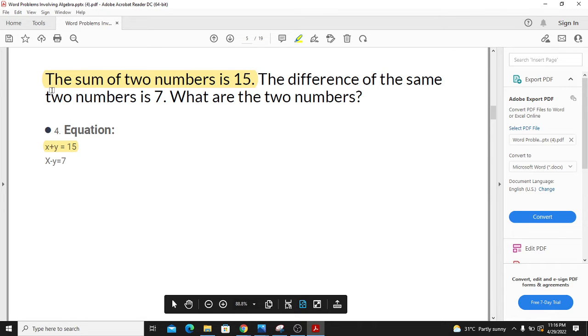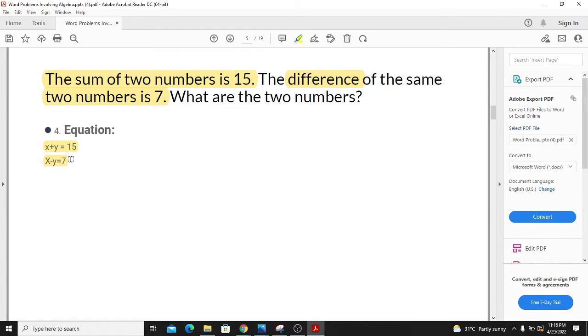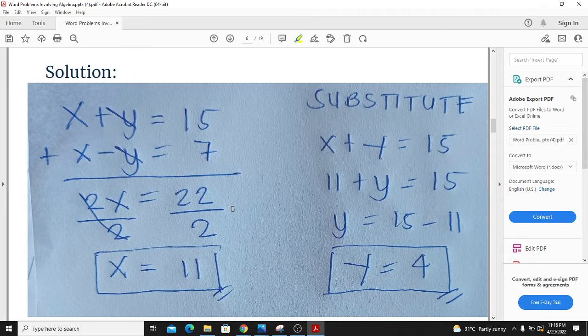The difference of the same two numbers is 7. Of course, the difference means the result when subtracting two numbers. So I have here x minus y is equal to 7. So since we have the equations, we can now come up with a solution.